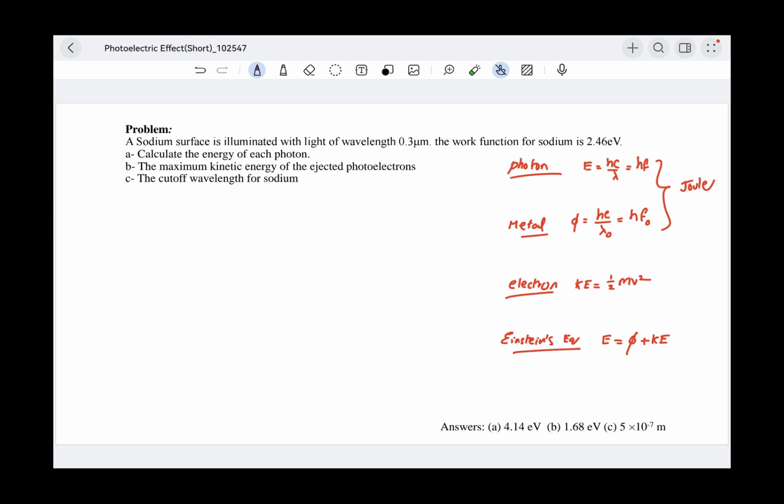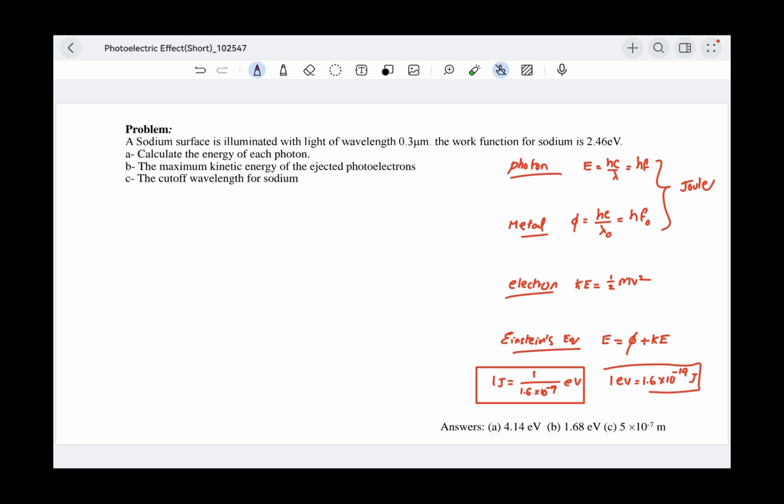Sometimes electron volt will be given, so let's see the conversions here. 1 joule is equal to 1 divided by 1.6 times 10 to the power of minus 19 electron volt. This is one conversion. Another conversion is 1 electron volt is equal to 1.6 times 10 to the power of minus 19 joule.